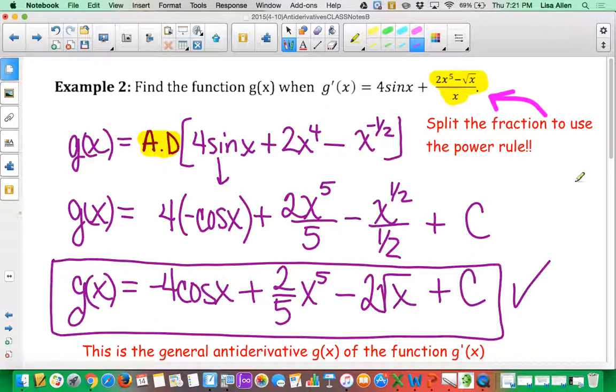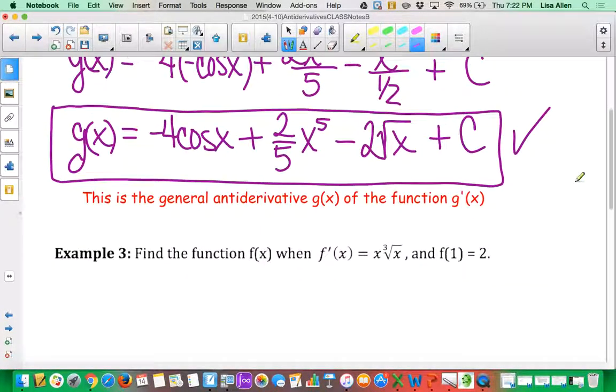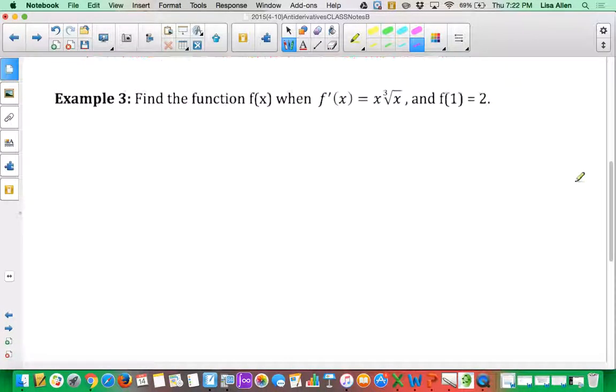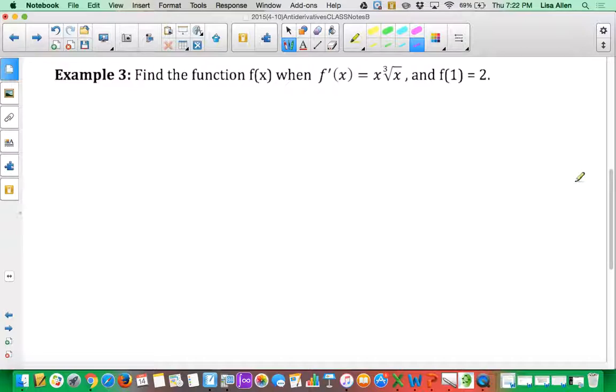So manipulating an expression in order to use one of our known antiderivative rules is what you're going to often have to do. Now, in example 3, we'll do a similar type of manipulation so that we can find an antiderivative.